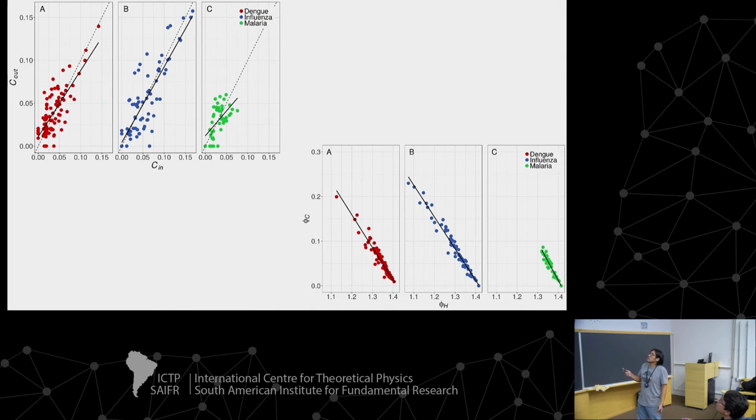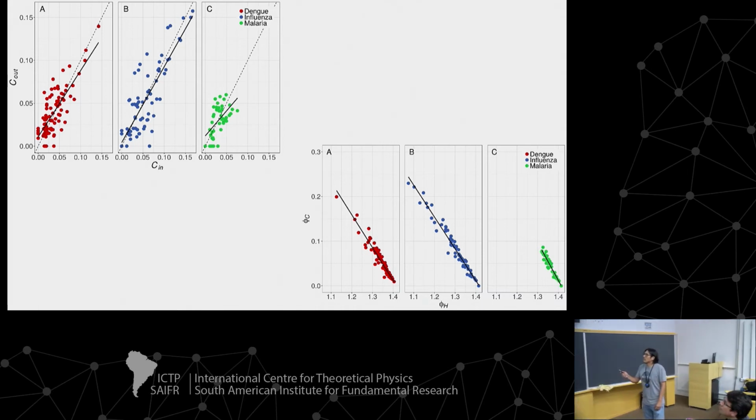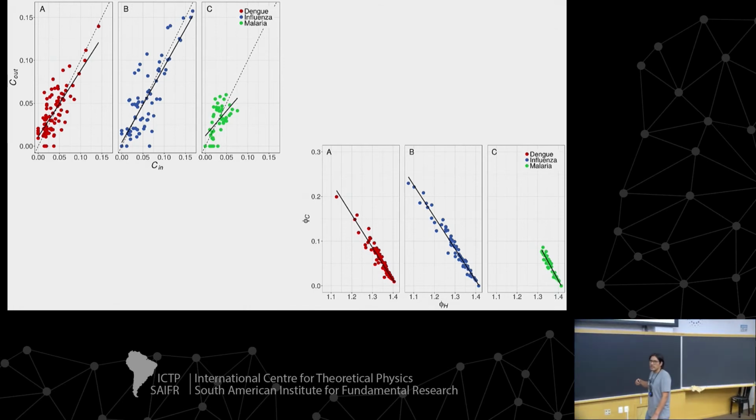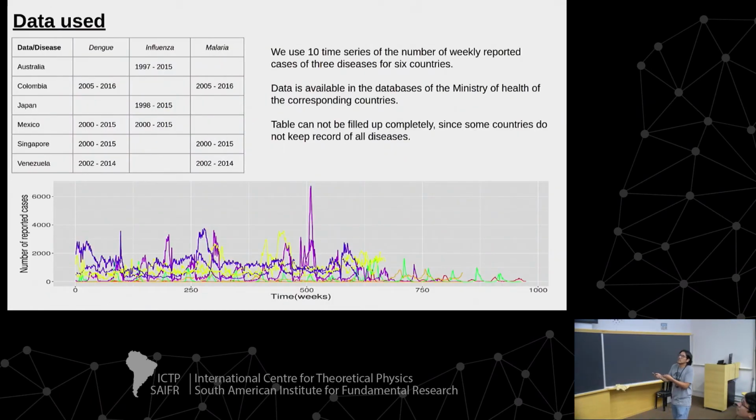Now we can ask, but why is dengue behaving more like influenza than like malaria, since it is also a vector-borne disease, with another mosquito, but still vector-borne? Particularly these 3 points that we can see here are due to the time series that come from Mexico.